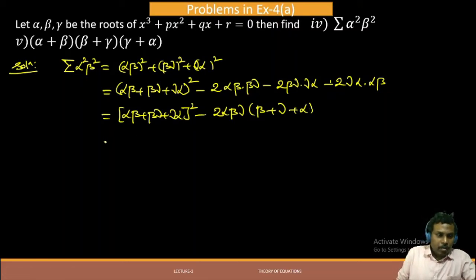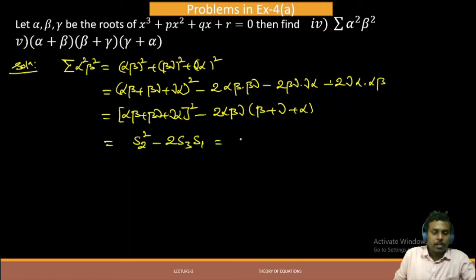Okay, now this quantity is s2 square and this quantity is s3 and this quantity is s1. So what is s2? S2 is q square minus 2 into s1. What is s1? This is minus p, and what is s3?